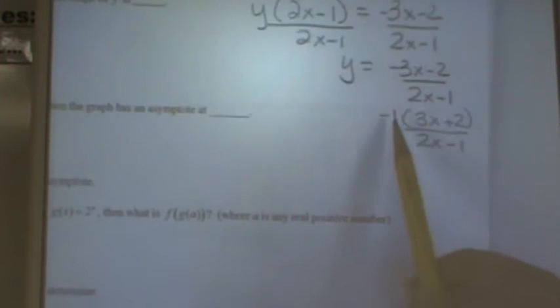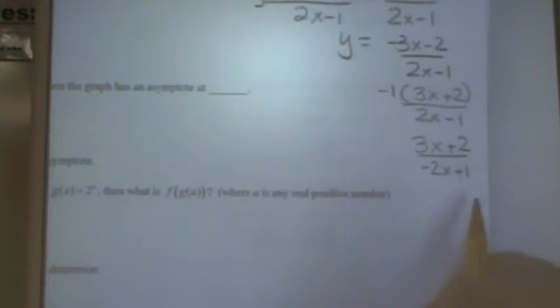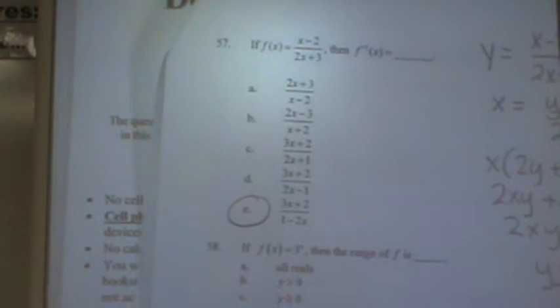I want you to see what they did: they bring this negative down here, make this negative 2x plus 1, and then they switched these two, they wrote 1 minus 2x. So the correct answer is E.